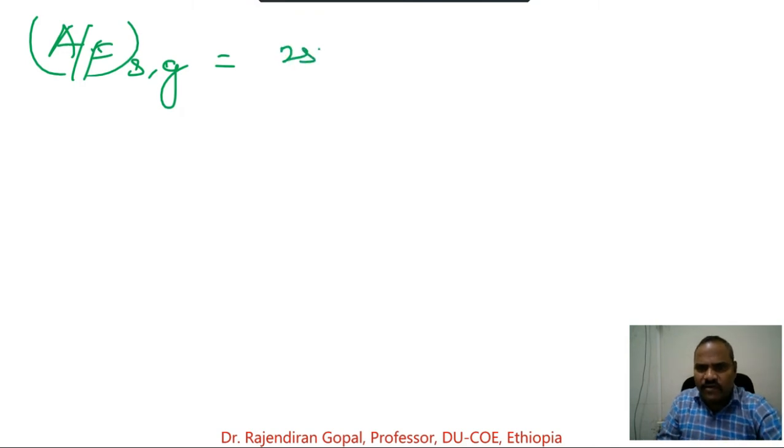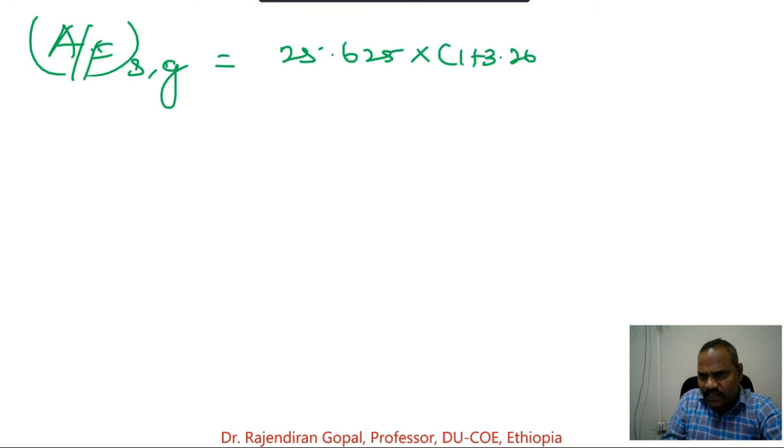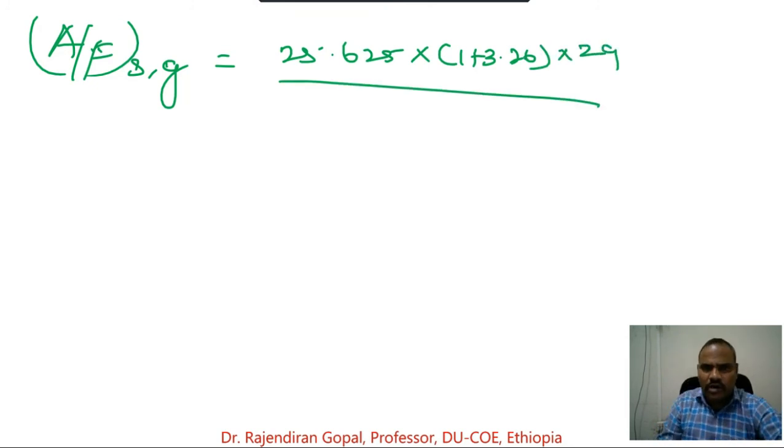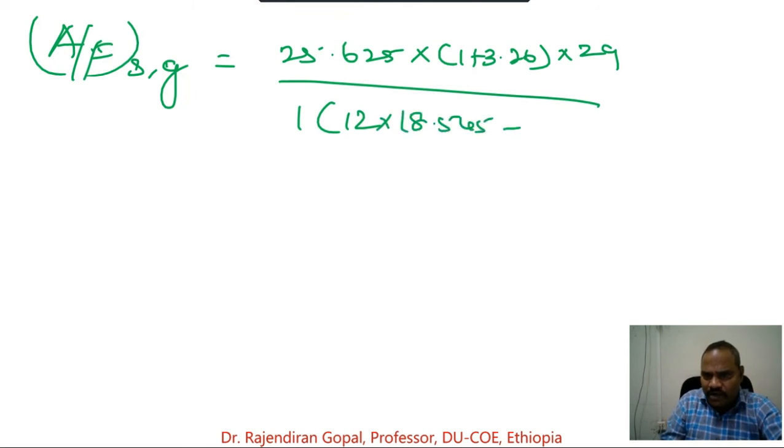And the stoichiometric air fuel ratio on mass basis, or gravimetric basis, is equal to 25.625 multiplied by (1 plus 3.76) for air, molecular weight of air 29 per kilomole, over 12 into 18.545 plus 28.32 multiplied by 1.